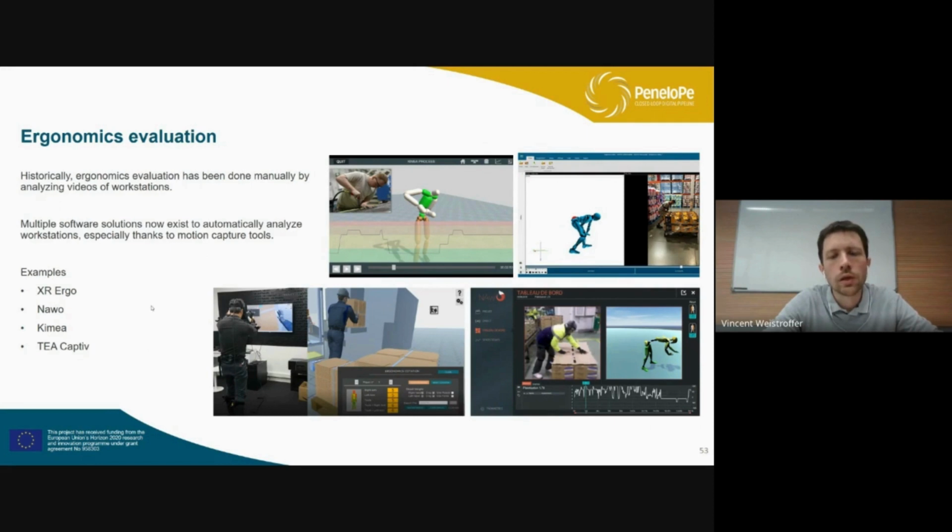And it's also really a gain in time, because you can perform this automatically, and get analysis really easily and in a really short amount of time compared to manual labeling and analysis.